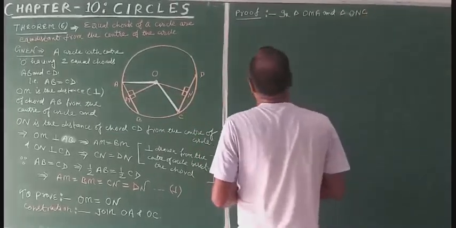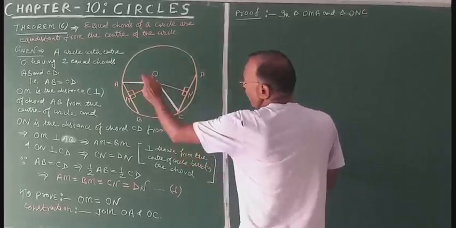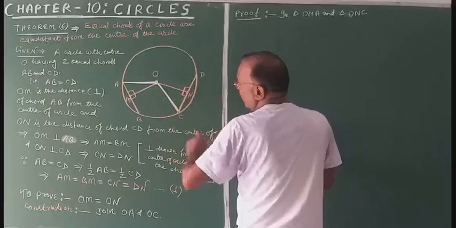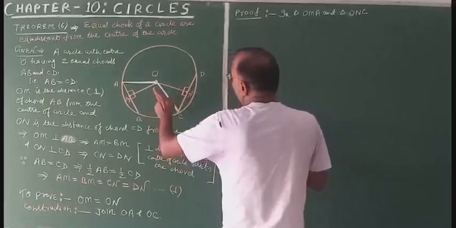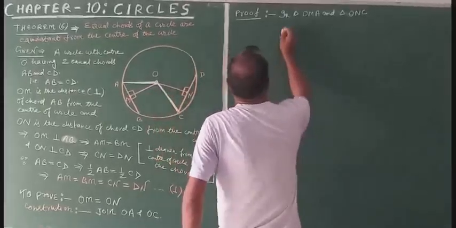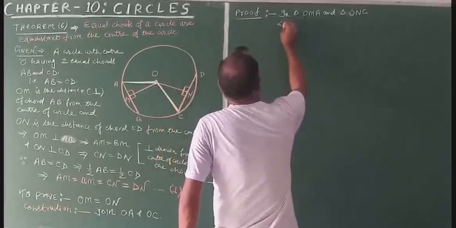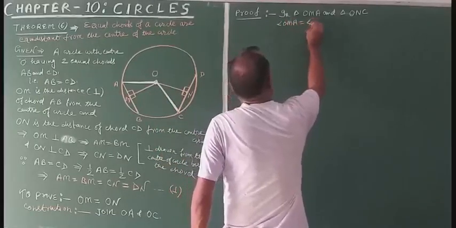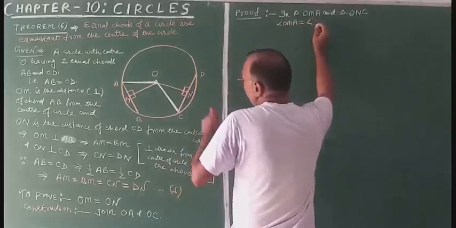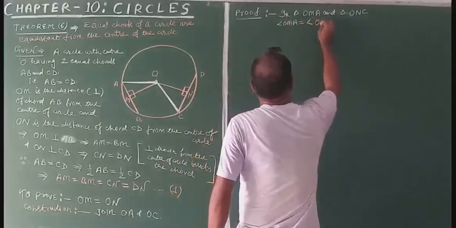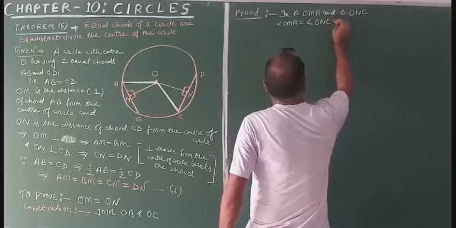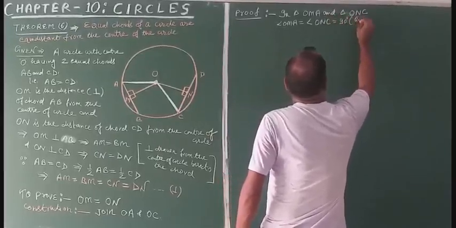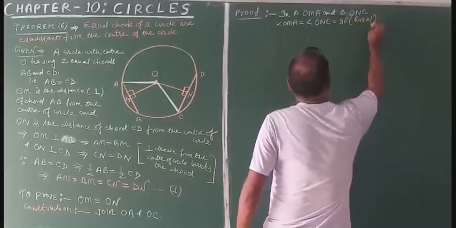Just look the first thing. This OA is equal to this OC and this angle is 90. Angle OMA is equal to angle ONC. This is 90 degree. And what's the reason? That is given.